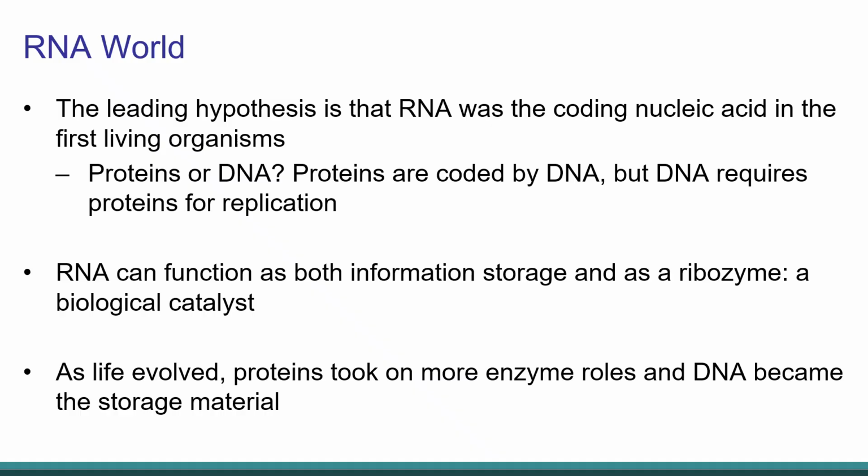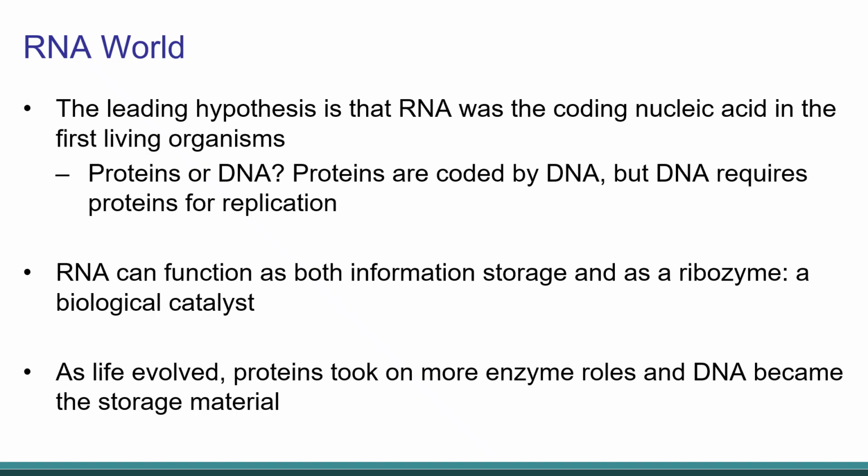But RNA molecules take on a variety of different functions depending on their shape, which is odd because their shape is actually more simple than DNA. So one of the reasons that RNA is important is that the leading hypothesis for origin of life is that RNA was originally the coding nucleic acid.